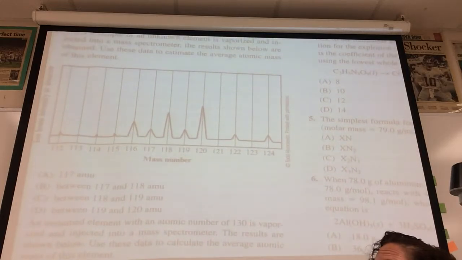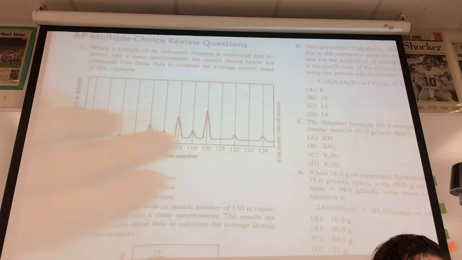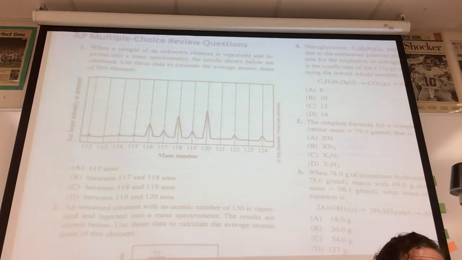Here's the first question. This one's a little trickier. You'd be more apt to see the second. It says, when a sample of an unknown element is vaporized and injected into a mass spec, the results shown below are obtained. Use these data to estimate the average atomic mass of this element. Well, we've got a whole smorgasbord of isotopes.